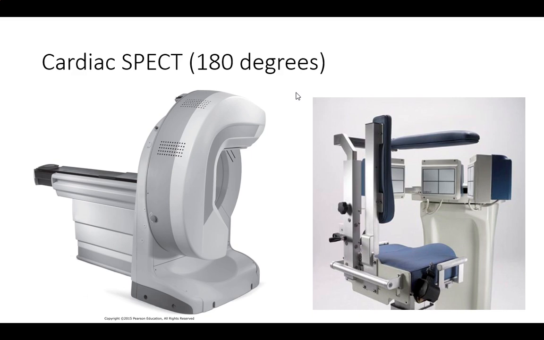Anybody think what that might be for? Yeah, your arms. Because you got to be able to aim for the heart. Your arm in the way becomes a problem. So that gives you a spot to rest your arms while it's taking the image for them. These chairs actually rotate. So this machine will rotate the chair. I kind of cut it off, but there's a robotic bottom point that just spins these.